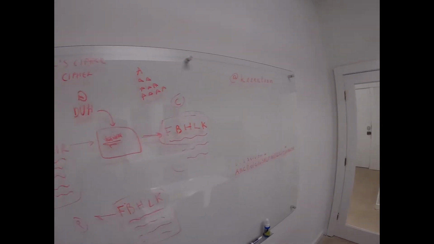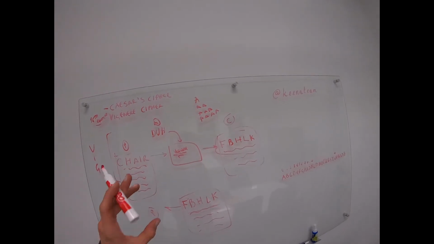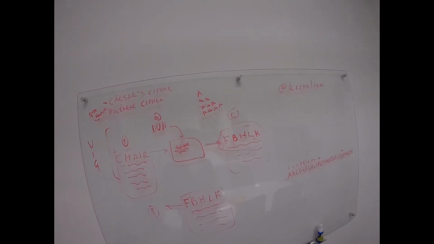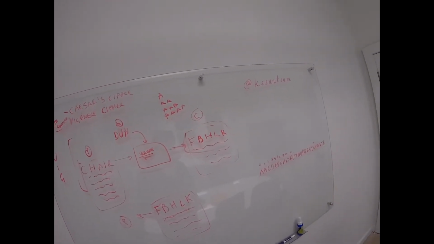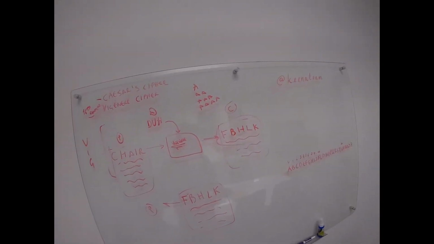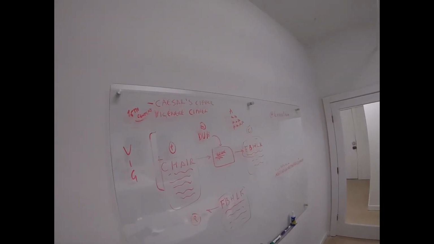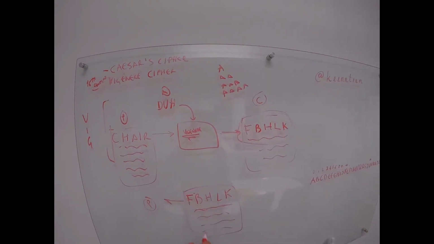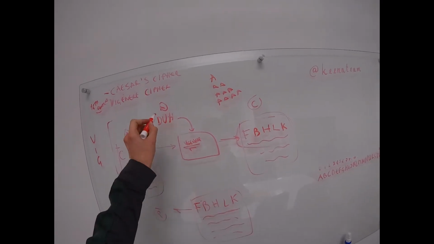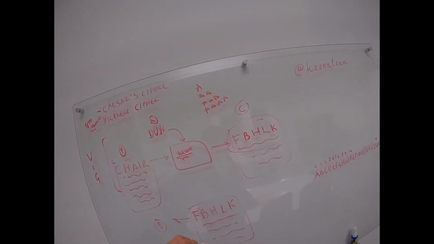Whatever. Let's say it's letter N. If there's a lot of letter N's in our text, then we can assume the plaintext is the letter E.